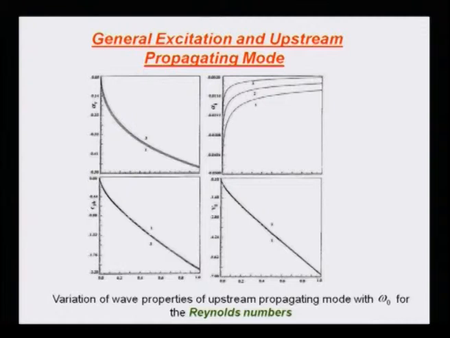Interestingly enough, at higher frequencies, at the extreme right, which corresponds to omega naught equal to 1, the group velocity reaches close to a value of -7. That means these disturbances are going at 7 times the u infinity, very, very rapidly.